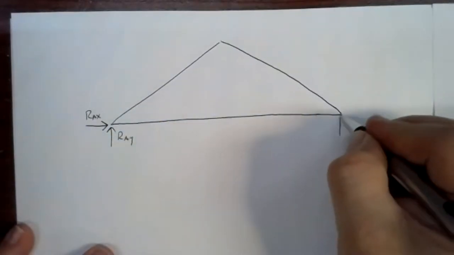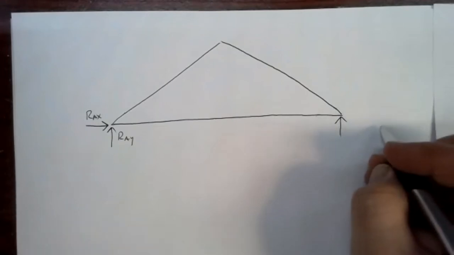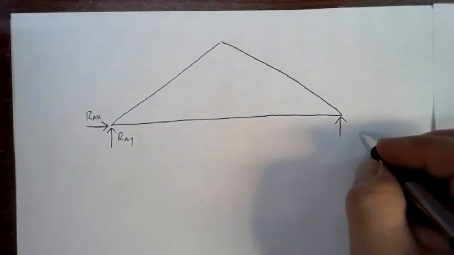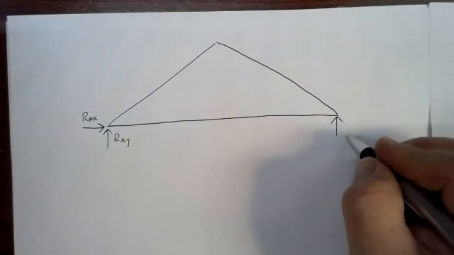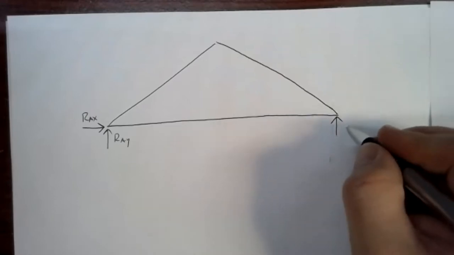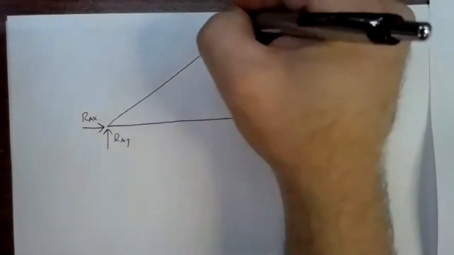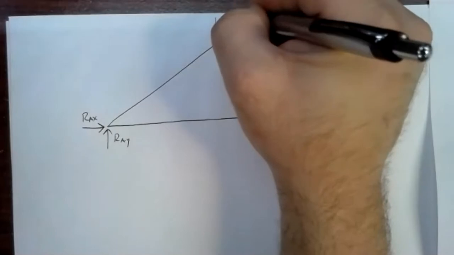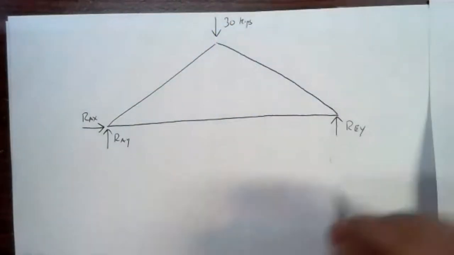The roller support, I'm going to assume this is sitting on a wall, so it's able to have a vertical reaction, sitting on top of the top plate of a wall, typical roof truss. So that'd be REY.